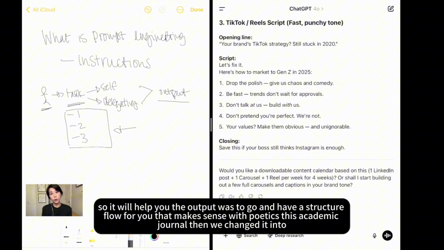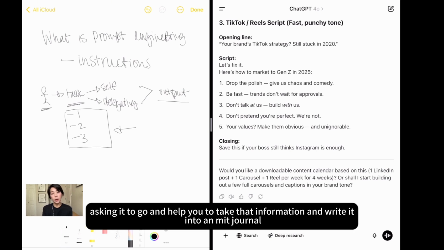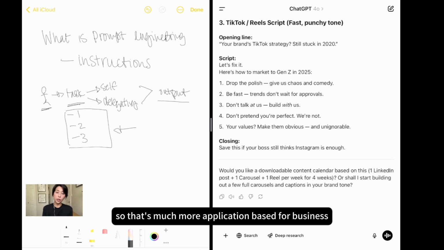The output was a structure and flow that makes sense for Poetics. Then we changed it to help you take that information and write it for an MIT journal, which is much more application-based for business leaders.